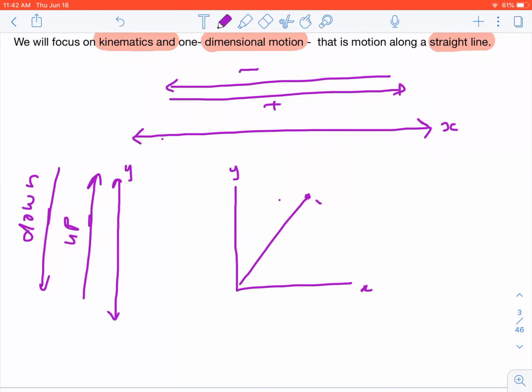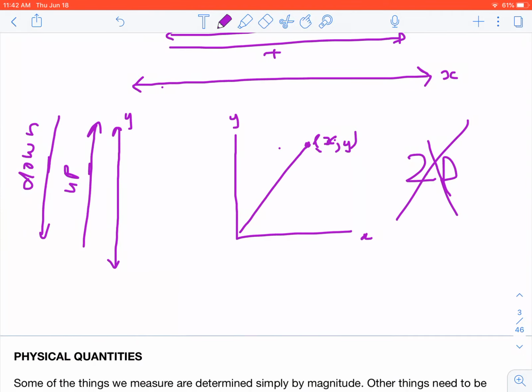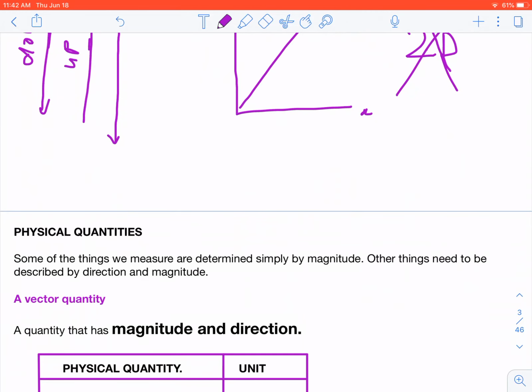It will have an x coordinate and a y coordinate. It's given by two space coordinates. So we're not going to be looking at anything in 2D, so no 2D motion or motion in a plane. We're just looking at motion in a straight line. It could either go up or down.